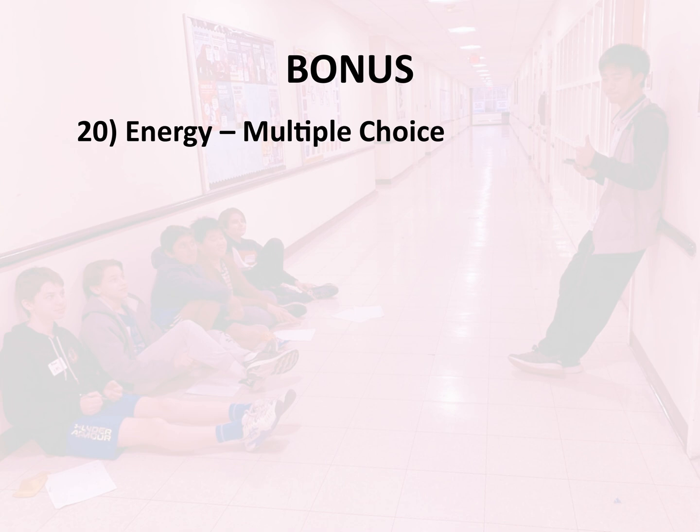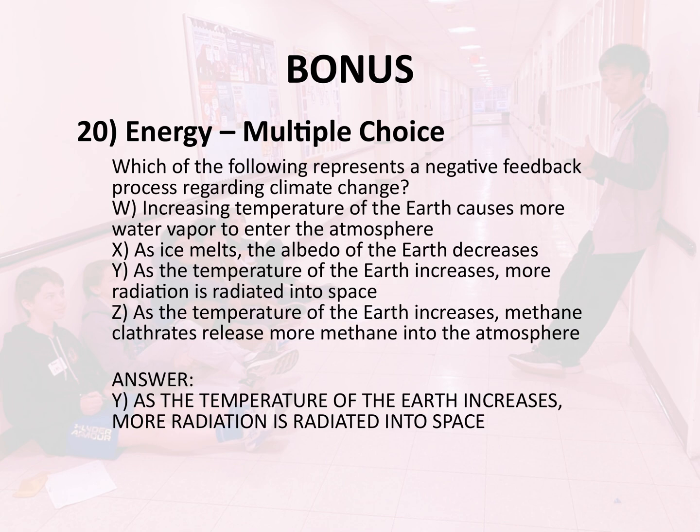Y. As the temperature of the Earth increases, more radiation is radiated into space. Z. As the temperature of the Earth increases, methane clathrates release more methane into the atmosphere. Answer. Y. As the temperature of the Earth increases, more radiation is radiated into space.